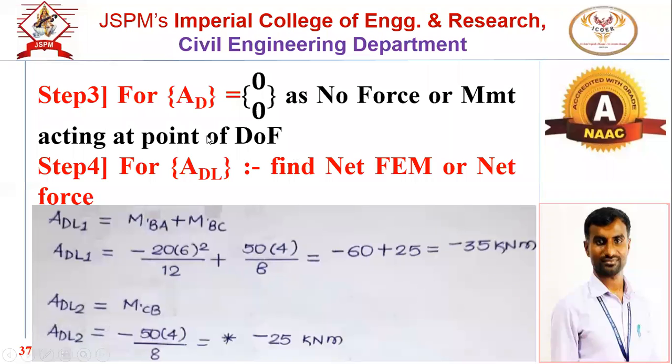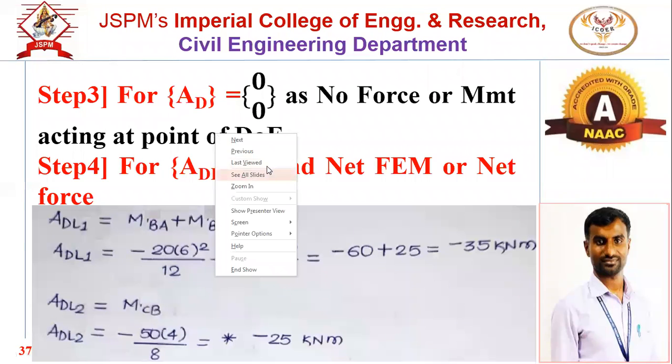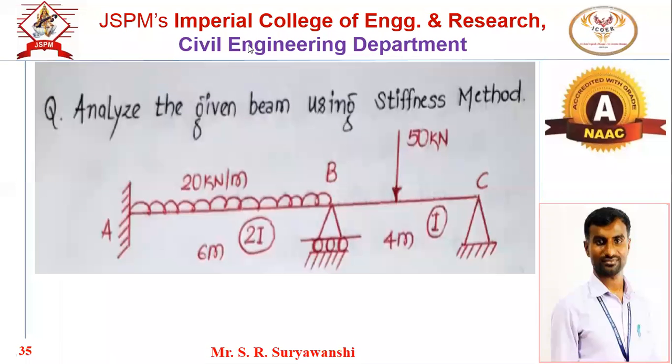So for the ADL matrix, you have to find out the net fixed end moment. If you see the loading diagram, we know that the fixed end moment for AB is anti-clockwise, clockwise. Again for BC it will be anti-clockwise, clockwise. This is node 1, this is node 2. As we are having DKI 2, there will be 2 net fixed end moments.